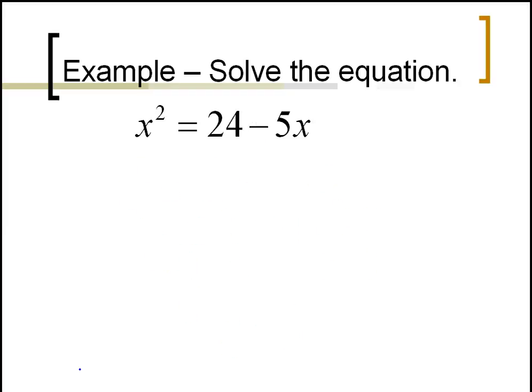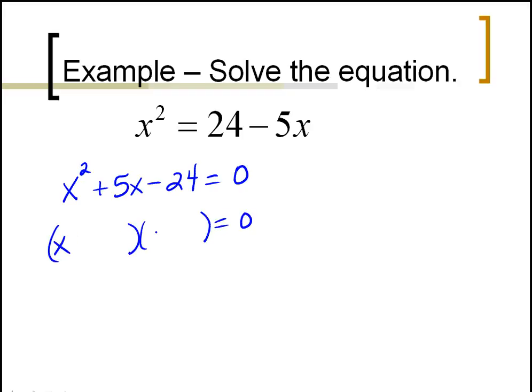For x squared is equal to 24 minus 5x, we have to do a lot of work to this one. One side is not equal to 0, so we need to put it in standard form first. So to put it in standard form, we can add 5x to both sides to get x squared plus 5x, and then subtract 24 is equal to 0. Now we factor x squared plus 5x minus 24 by finding the factors of 24 whose difference is 5.